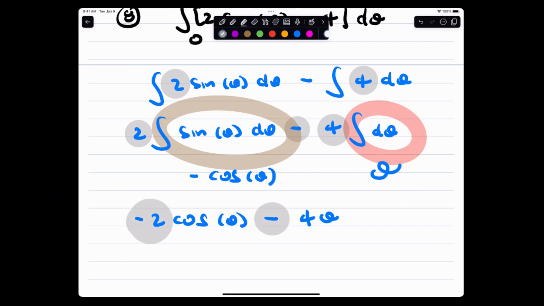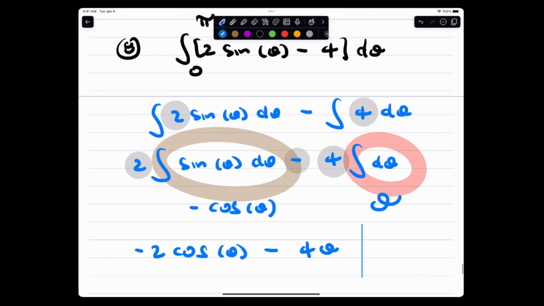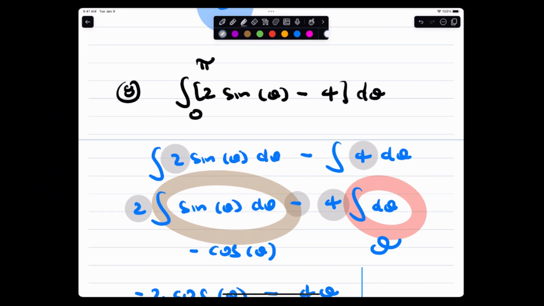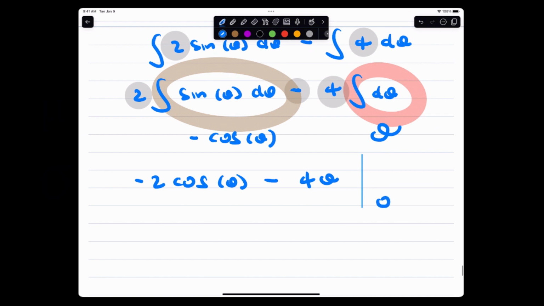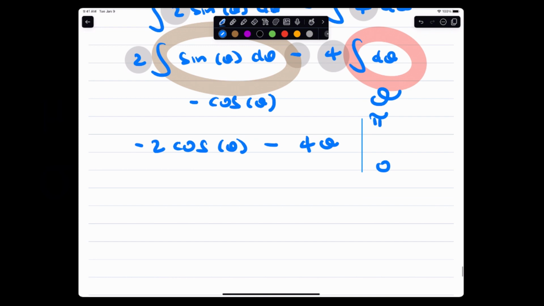Your constants there. We don't have to highlight them anymore, but they gave you limits. What were the limits? From 0 to what? Pi. Lower limit is 0, upper limit is pi. So altogether, really, this is that antiderivative. So just like before, it's big F of theta, evaluated from 0 to pi, right?